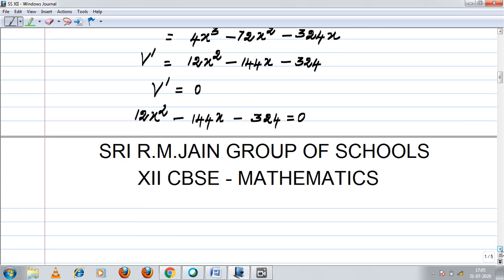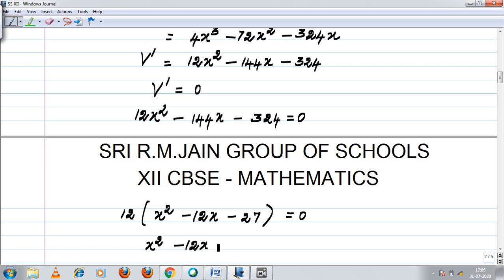Now 12 you have to take outside, then x square, because everything is a multiple of 12, so I took 12 as common, minus 12x minus 27 equals 0, right? Now 12 is not equal to 0, so the only thing is x square minus 12x minus 27 equals 0, right?